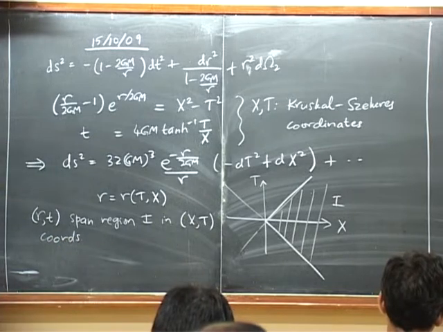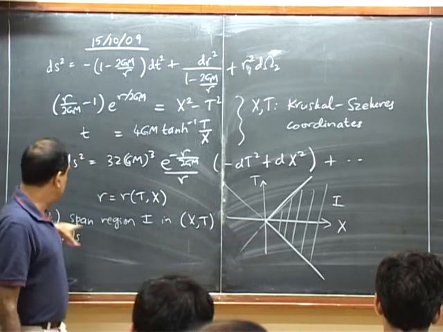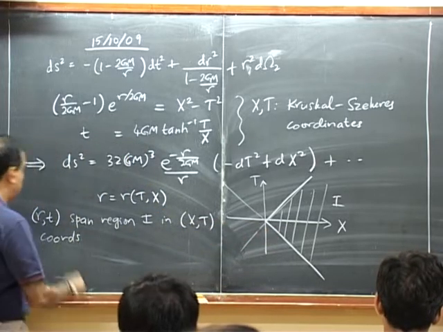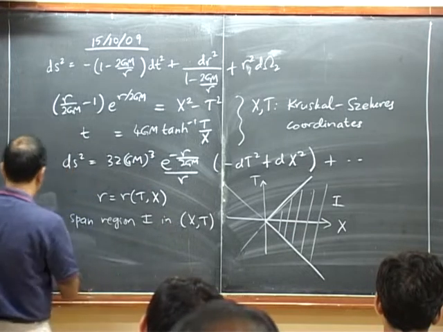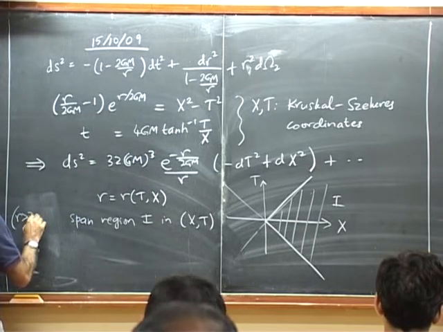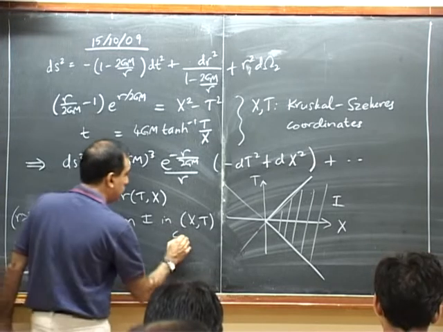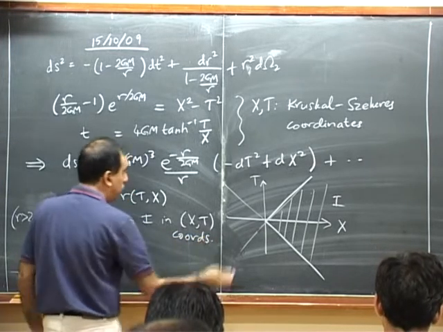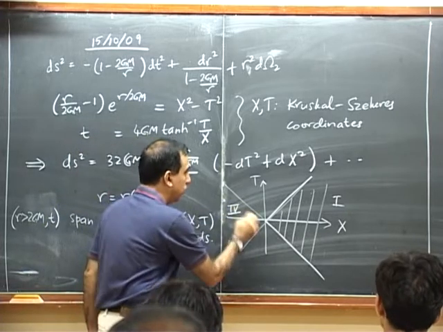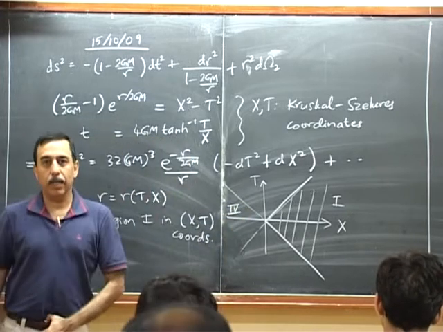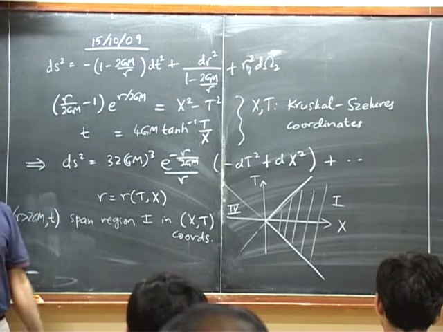Now last time the question came that actually if we look at this, we find that r and t, correctly written, r greater than 2GM and t span region 1 in xt coordinates. Mathematically, it would seem that this region here, which is called region 4, is also spanned by r greater than 2GM and t if you solve this equation.